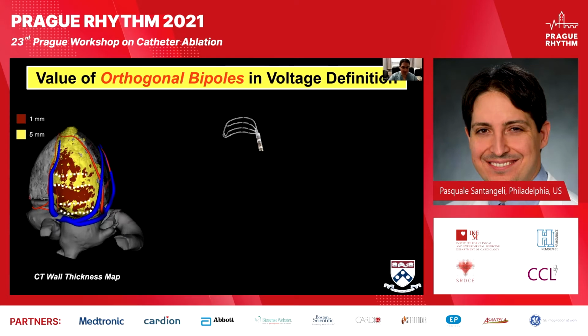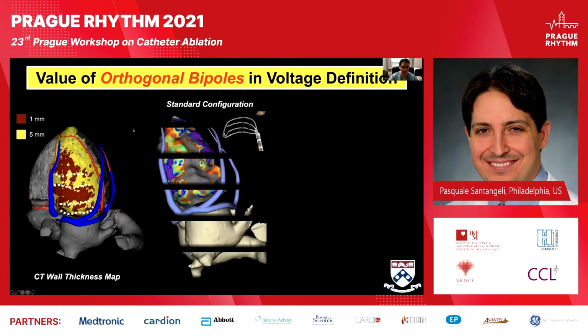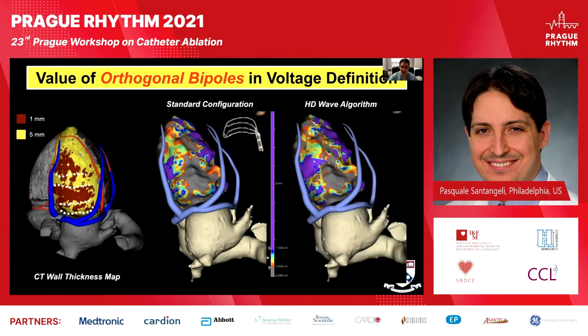We present segments of relatively preserved wall thickness within the areas of wall thinning on CT scan. These channels were not appreciated with standard configuration voltage mapping, but they could be appreciated with this specific HD Wave algorithm that takes into consideration mapping from orthogonal bipoles and will display the highest voltage.